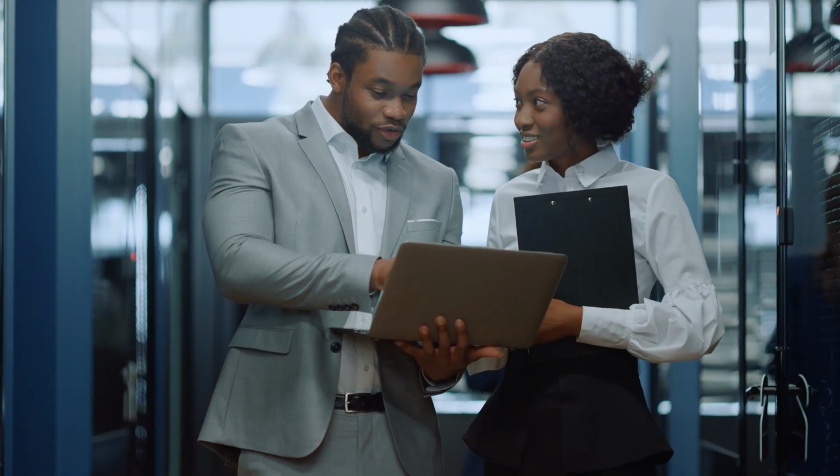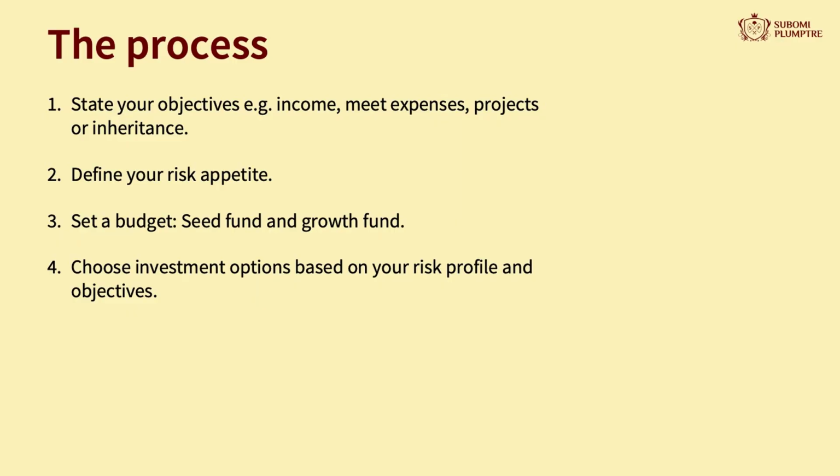If you have a very high risk profile, you can look at things like stocks, cryptocurrency, venture funding. So based on your risk profile and the objectives, short term, long term, medium term, write down a list of possible investment options. Then identify relevant platforms and partners in those areas.